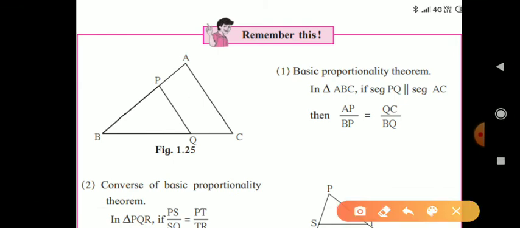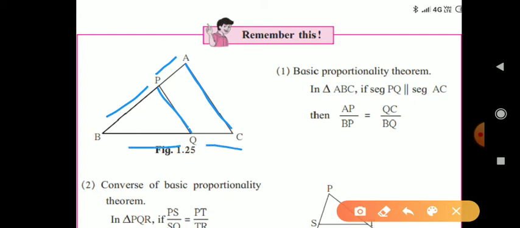Now see in triangle ABC, segment PQ is parallel to segment AC, and therefore according to the basic proportionality theorem we have the formula AP upon PB is equal to QC upon QB.